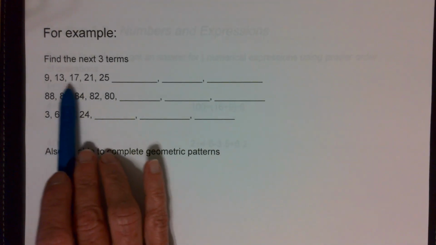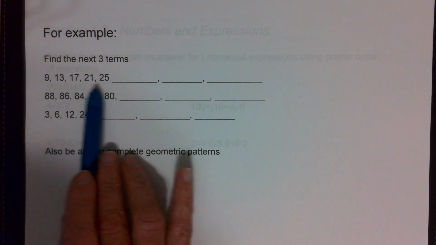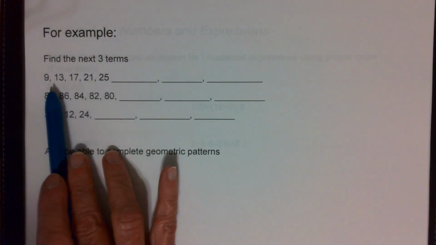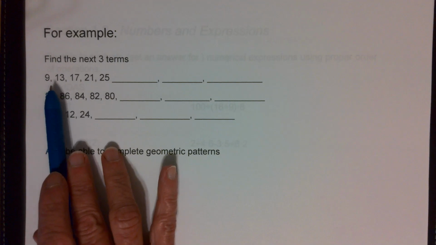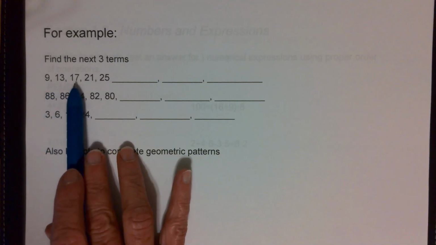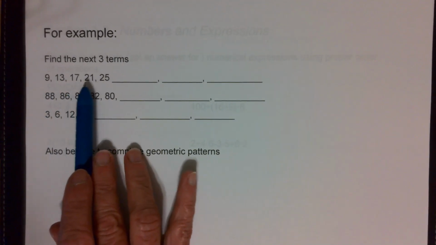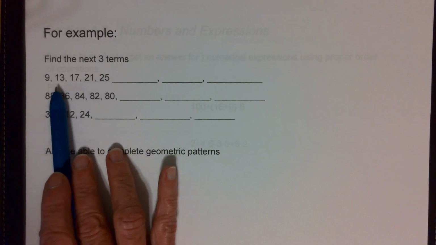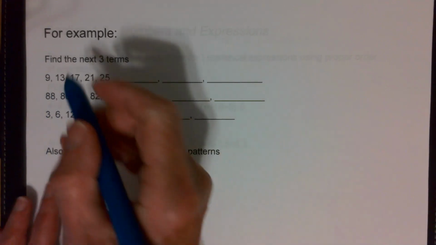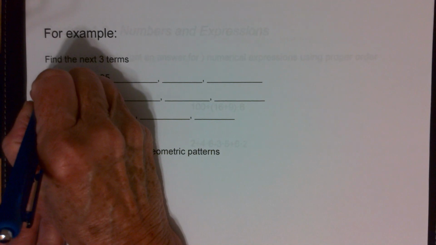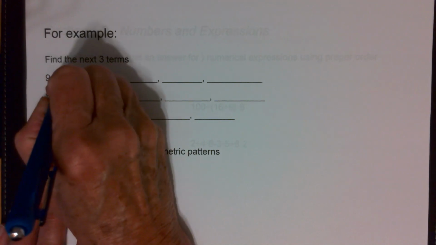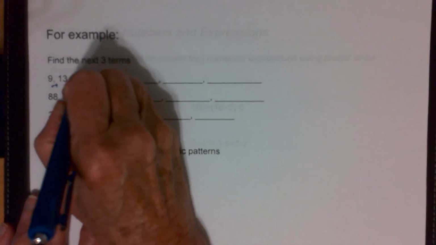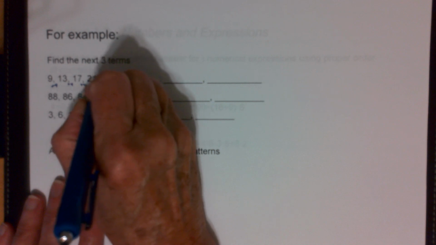So, for example, if they were to ask you to find the next 3 terms in this series of numbers, I would explore, knowing I needed to find the next 3. I would make a plan. Well, the plan would be to look to see if there's a common number that I have added, multiplied, or subtracted between these. And it looks like if you follow the pattern, I add 4 in between each number.